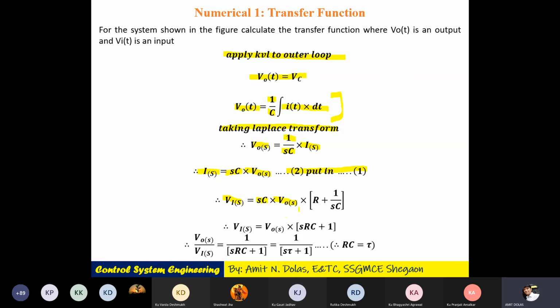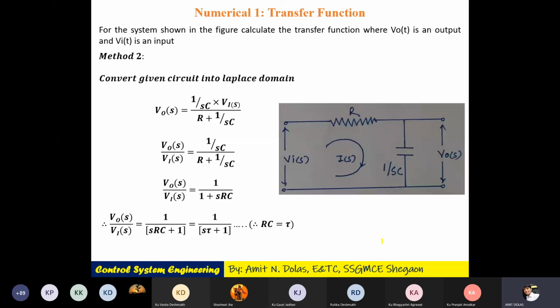So you get Vi of S is equal to SC into V of S into R plus 1 by SC. Taking the terms separately, we get output upon input in the frequency domain: 1 upon SRC plus 1. We may write it in time constant form, that is 1 upon S tau plus 1, where tau is the time constant RC.